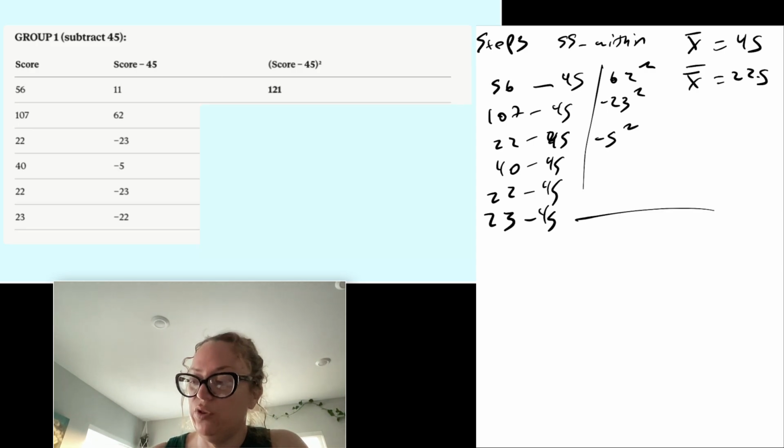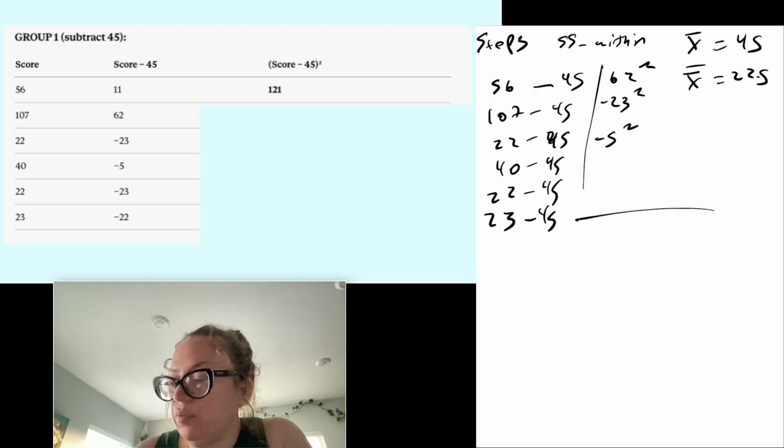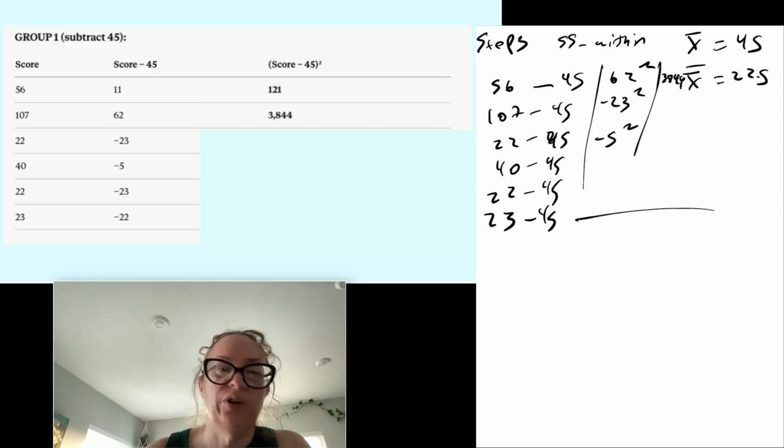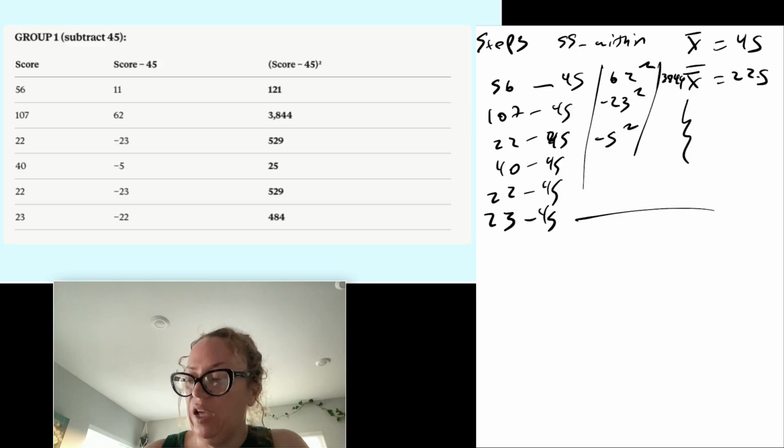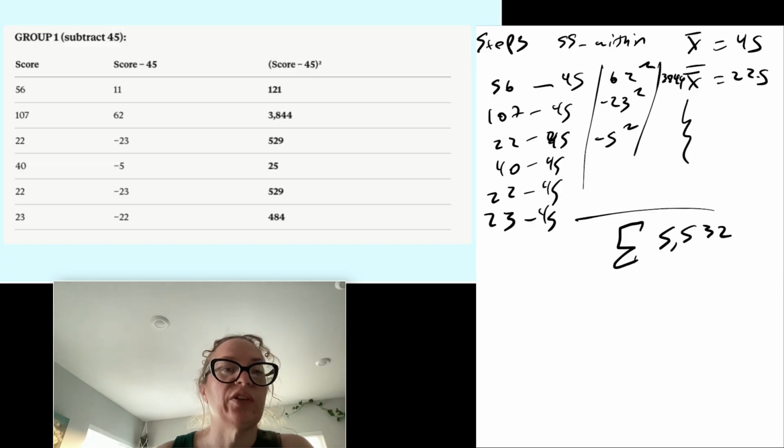Then once you square all of that, you have, let's see, 62 squared is 3,844. So you add all those up and then you sum it, right? And so the sum for the appeasement group is 5,532.